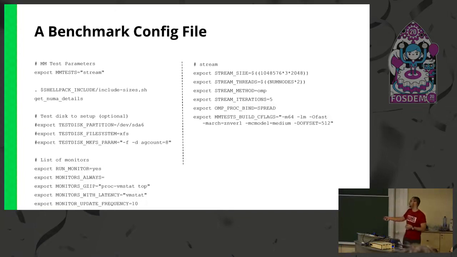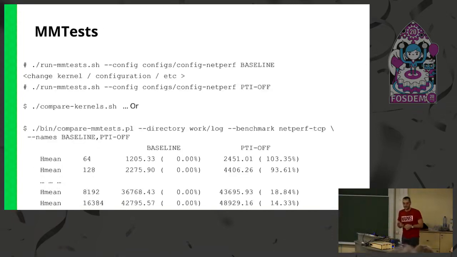Now, for fully understanding them, you have to know at least a little bit what the benchmark does and how it works. But once you do that, it's pretty easy to, for example, change the number of iterations that you want STREAM to run for each run, or the placing policy for OpenMP, or the build flags, or whatever.